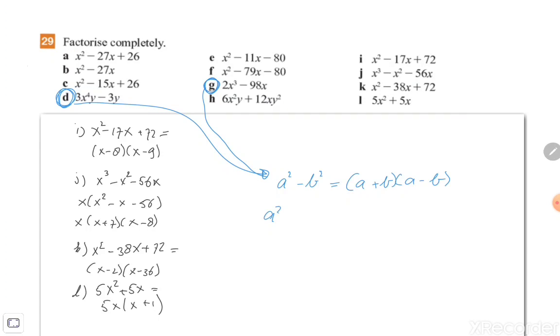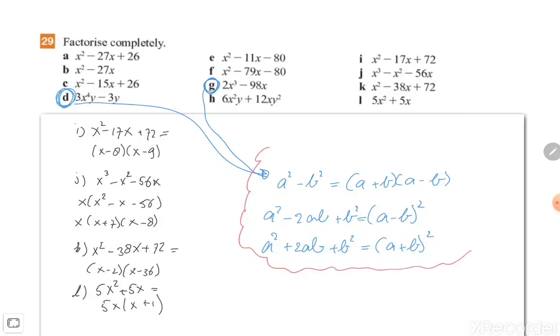Or of course a squared minus 2ab plus b squared, which is equal to a minus b squared, or you also have a squared plus 2ab plus b squared, and that is equal to a plus b squared. So it is very important that you know all those remarkable products, especially in this case a squared minus b squared. So that was exercise 29.